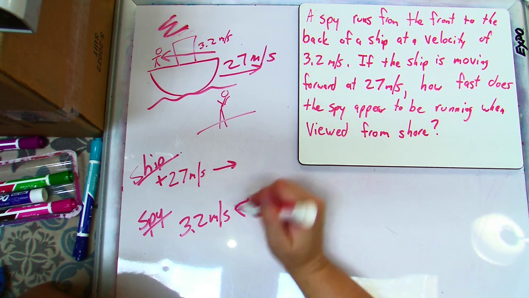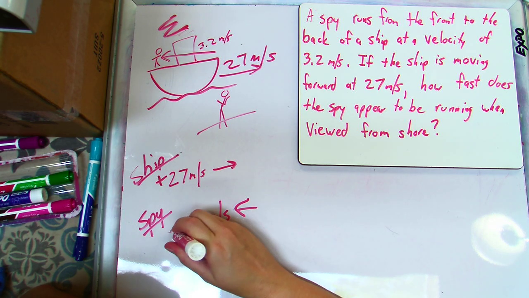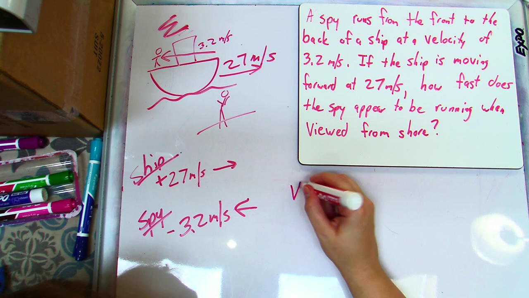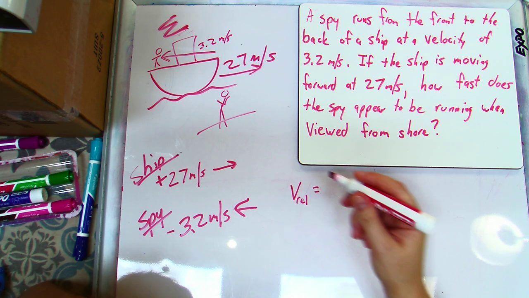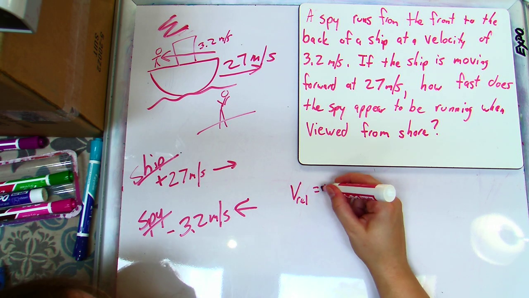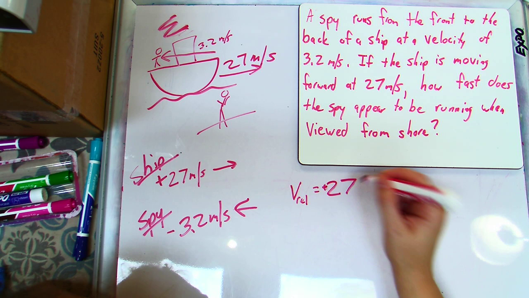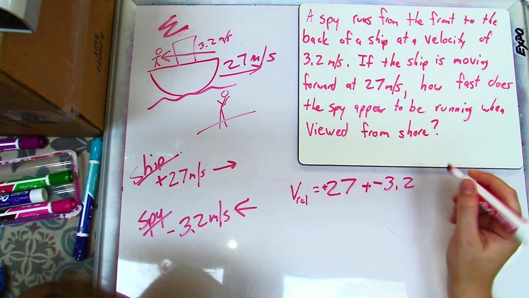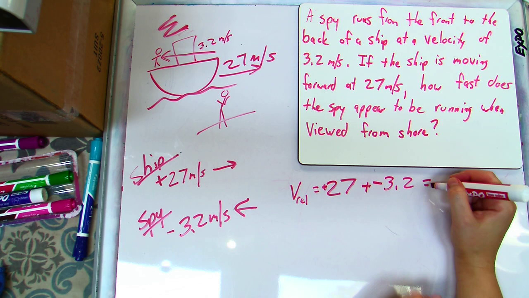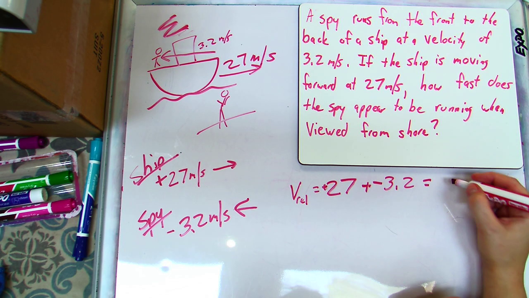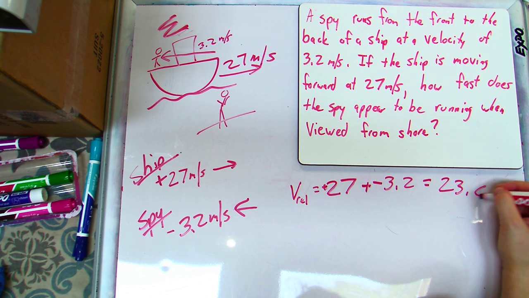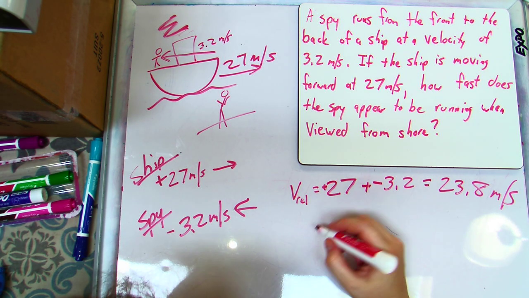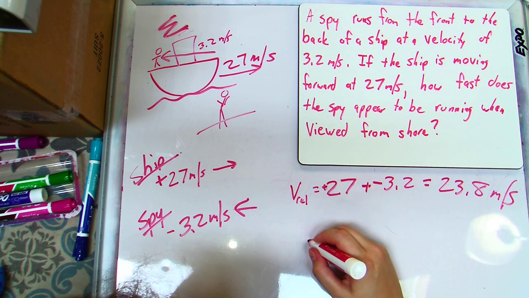Since that is in the opposite direction, we can give that a negative sign. So the relative velocity equals positive 27 plus negative 3.2, and that will give us 23.8 meters per second.